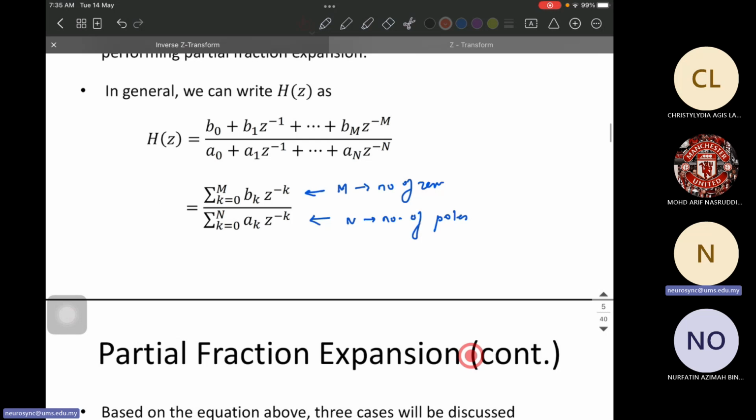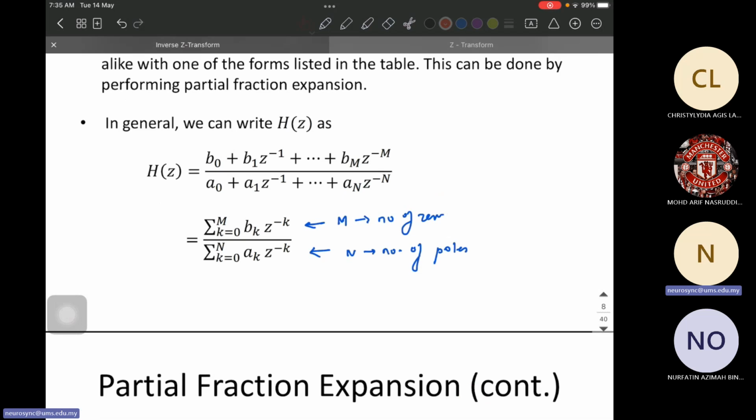Otherwise, if it is in the form of a polynomial like this, then there are three major cases. One is where the number of poles is greater than the number of zeros and there are no multiple poles at the same location. That means the poles are not similar.